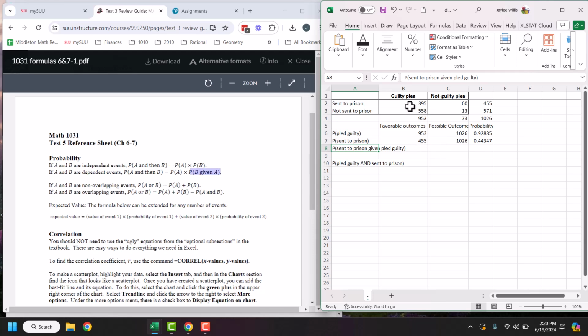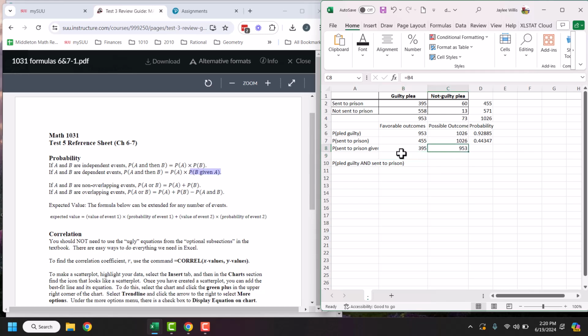Because these are dependent events, and most tables will be dependent, I'm going to say the possible outcomes, assuming that they pled guilty, is 953 because there were 953 people who pled guilty. And then the number that were sent to prison, assuming that they pled guilty, is 395.